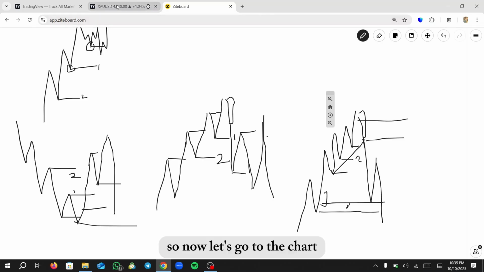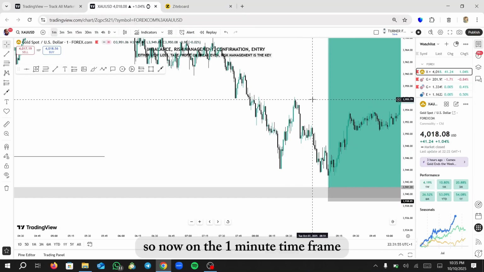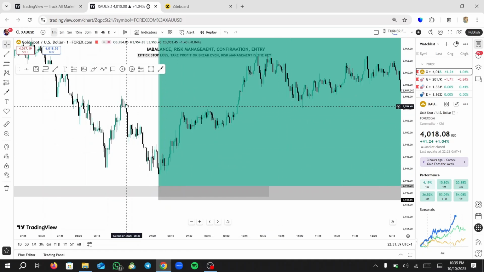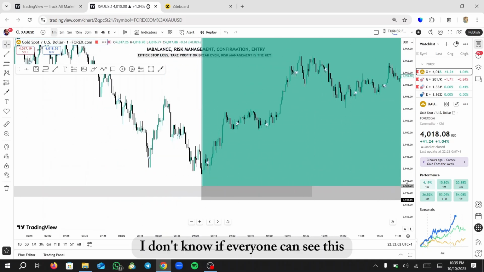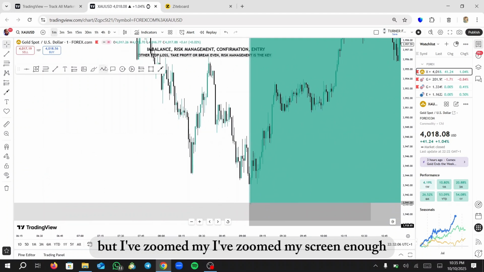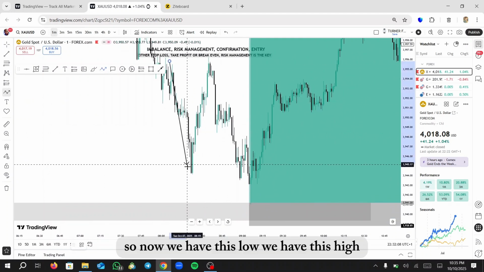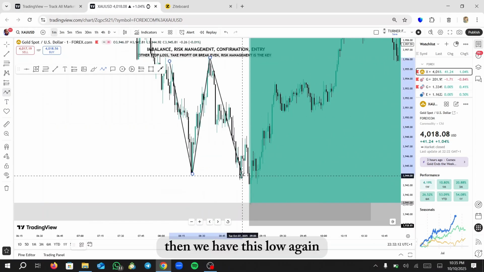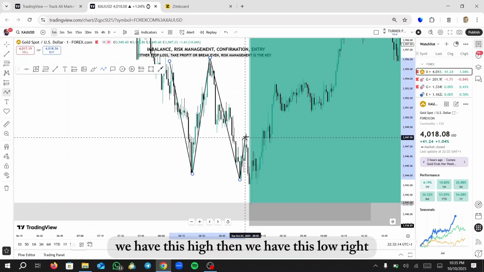So now let's go to the chart. On the 1 minute time frame, as you can see right here, we have a low. I don't know if everyone can see this, but I've zoomed my screen enough. So now we have this low, we have this high, then this low again, this high, then this low, right?